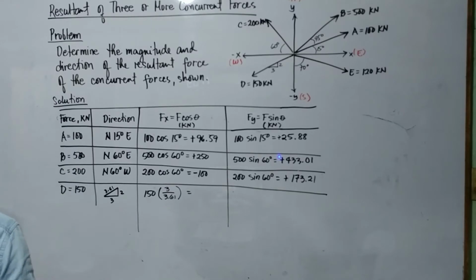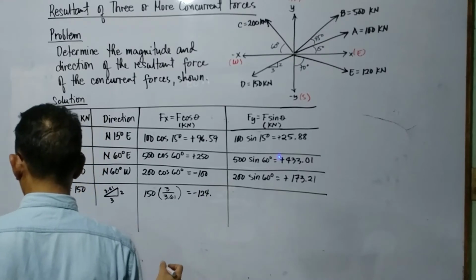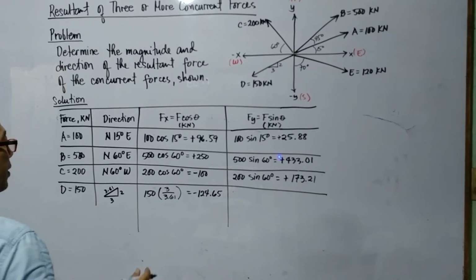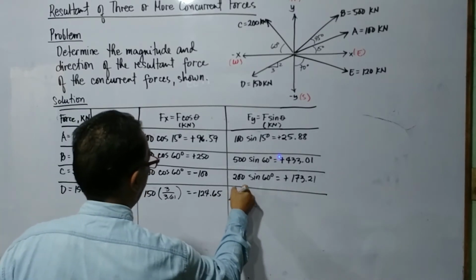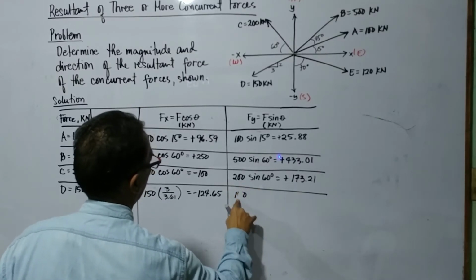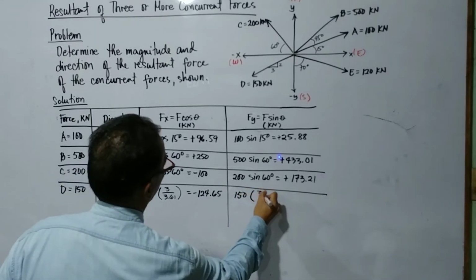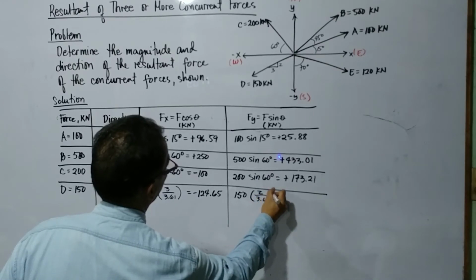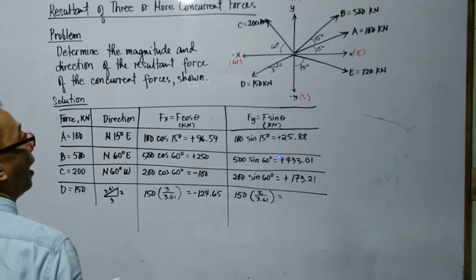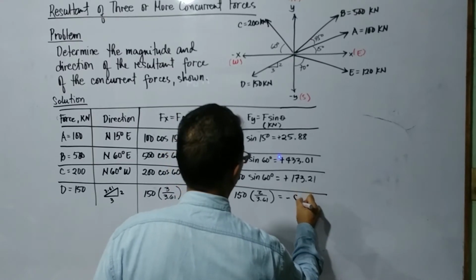We have negative 124.65. On the other side, we have 150 at 2 over 3.61. We have positive, a negative 83.10.